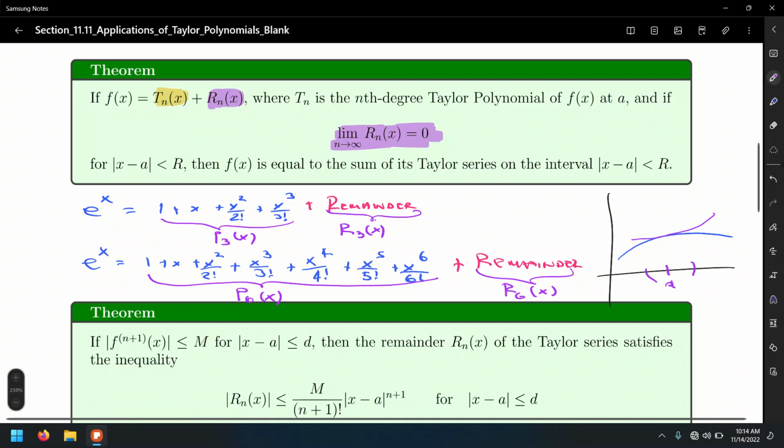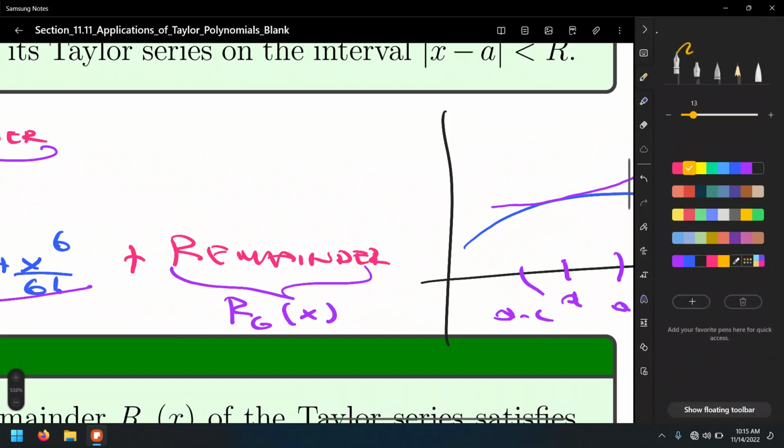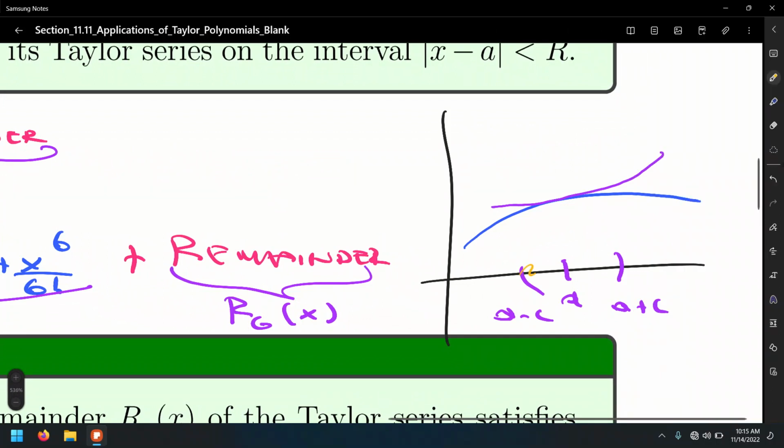So we're going to look at an interval a minus c to a plus c, so to speak. And the further we go from the center of the approximation, notice the phenomenon that occurs here. The further we go, the actual value starts differing from the approximated value, and the same phenomenon occurs on the right hand side.